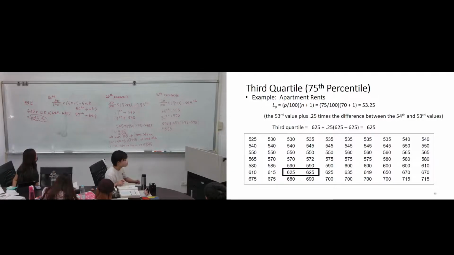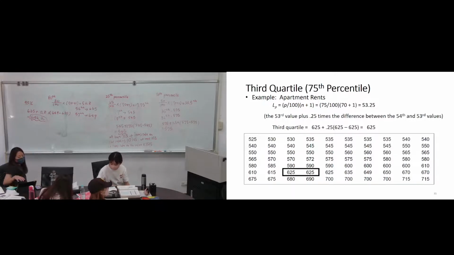For the 75th percentile, the value is 625. So we say that at least 25% of the items take on a value greater than or equal to $625, and at least 75% of the items take on a value lower than or equal to $625.